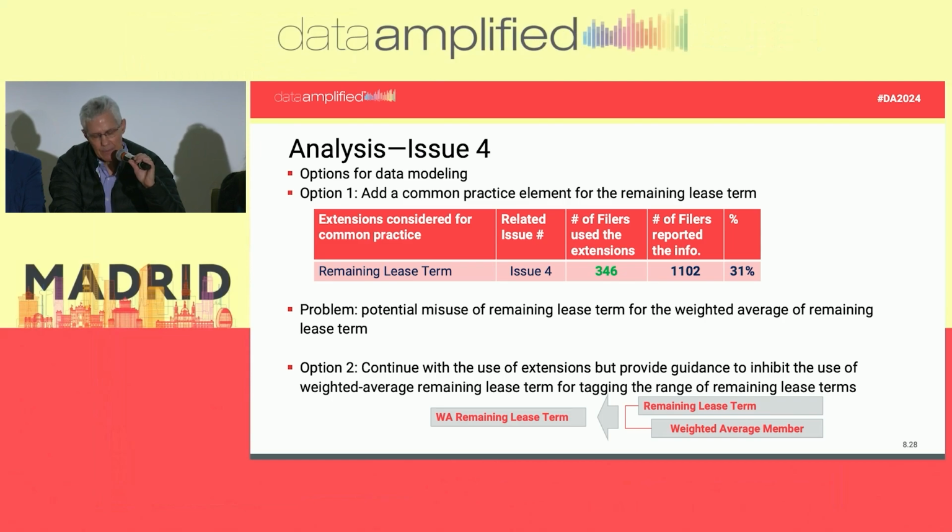So it's a duration item type and the remaining lease term of operating lease using the duration date format. So as an example, P1Y5M13D, and that represented a fact of 1 year, 5 months, and 13 days. And so a user of the data can consume that very readily, right?